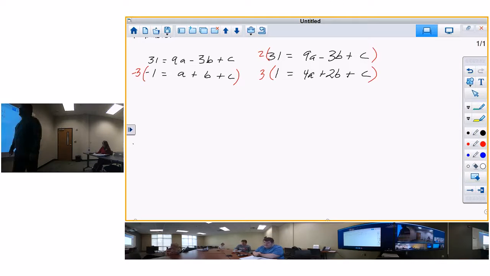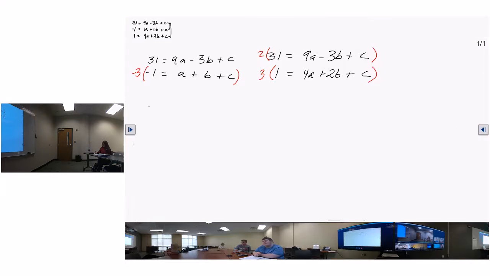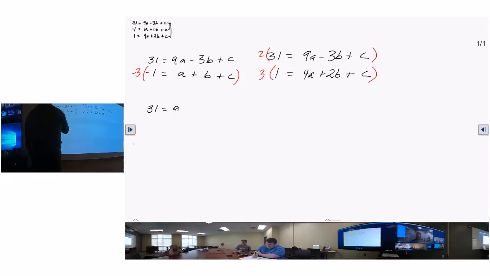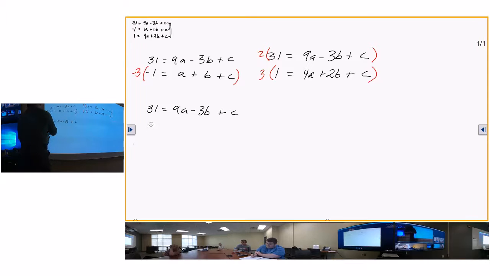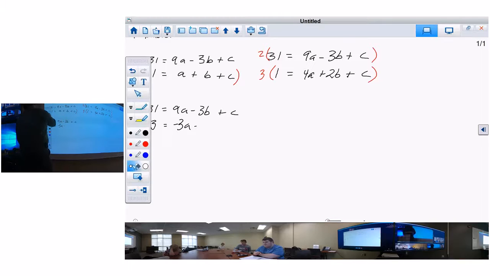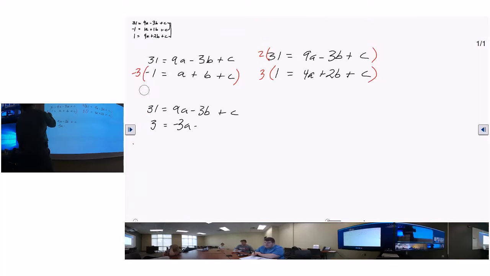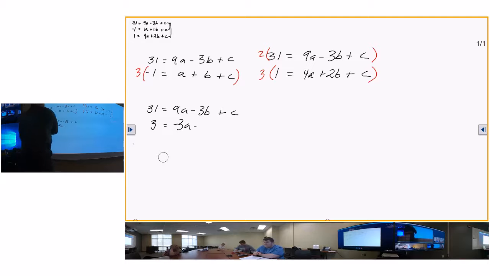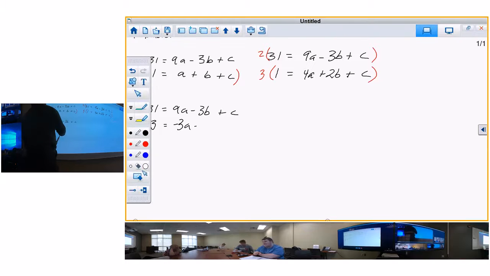So I'm going to redo this one. So that's going to be 31 is equal to 9A minus 3B plus C, and 3 is equal to -3A minus, oh, that should be a positive. Sorry, my mistake. I caught it before y'all did, though.